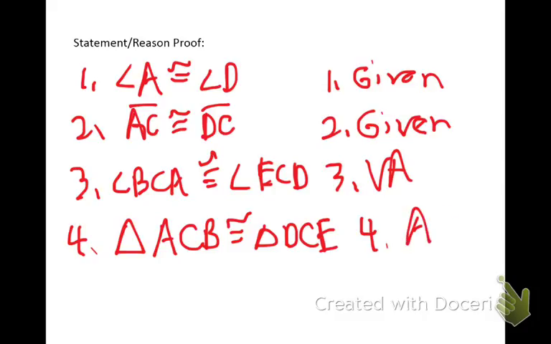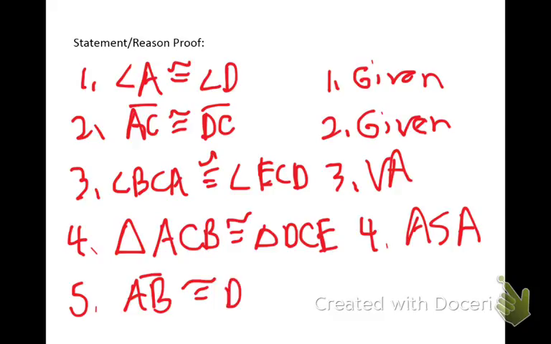Yeah, angle side angle. All right. So then our last thing in our proof is always going to be what we had to prove. So we're going to prove that AB is congruent to DE. How do I know that? Ben? Yeah, that's where you use CP. So that would be CP.